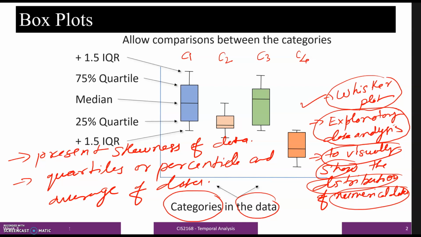So box plot displays the skewness of the data. Using the box plot, you can see quartiles or percentile, average of the data.